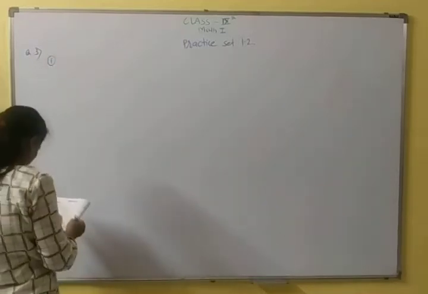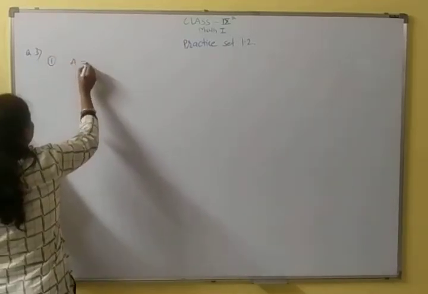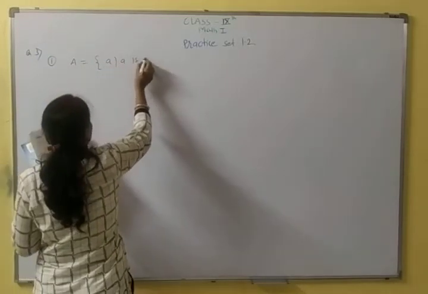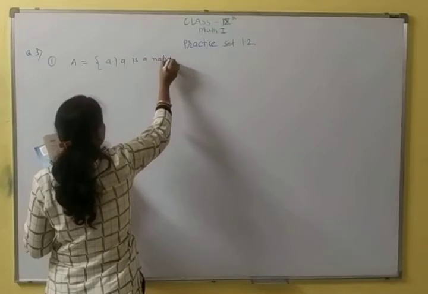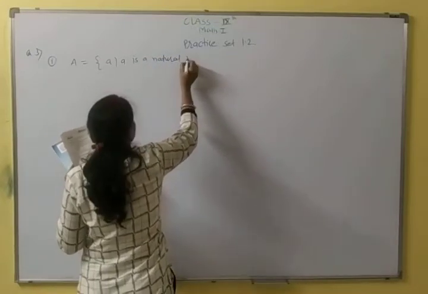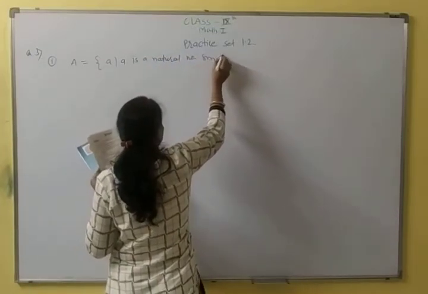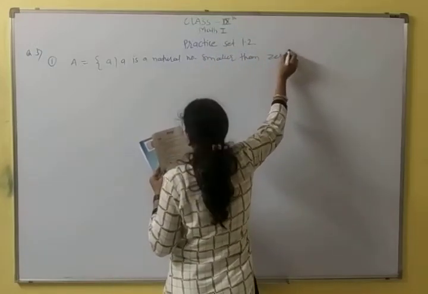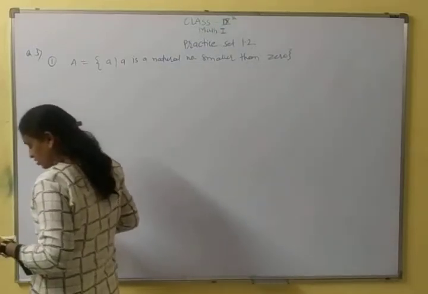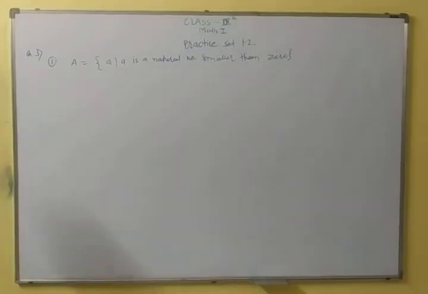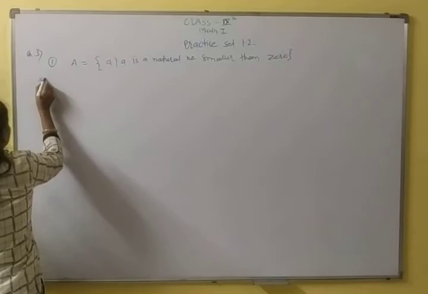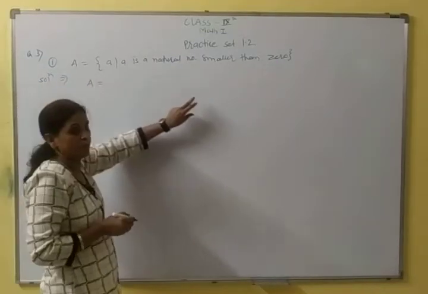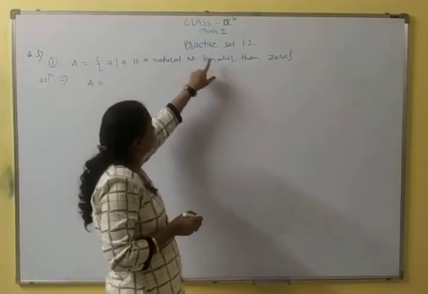First, A is a set of all x such that x is a natural number smaller than 0. Is it empty or not? Check this. Solution. A is a set of, make the list first. So A is a natural number smaller than 0.